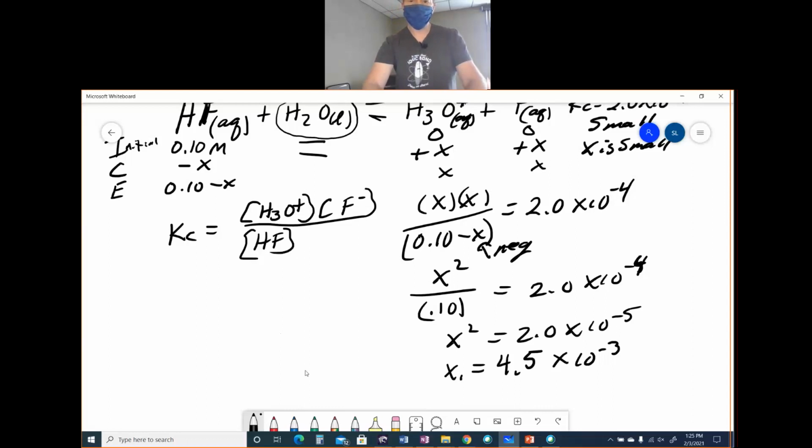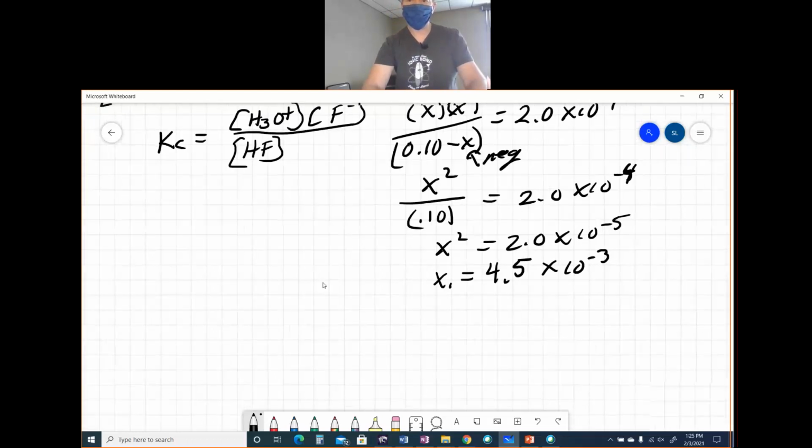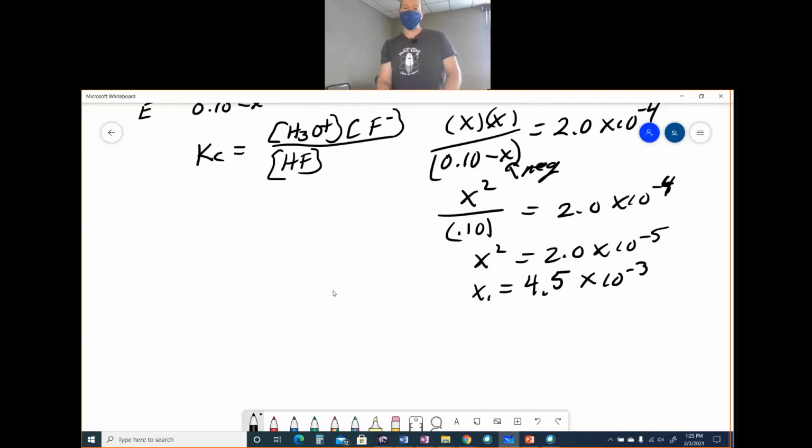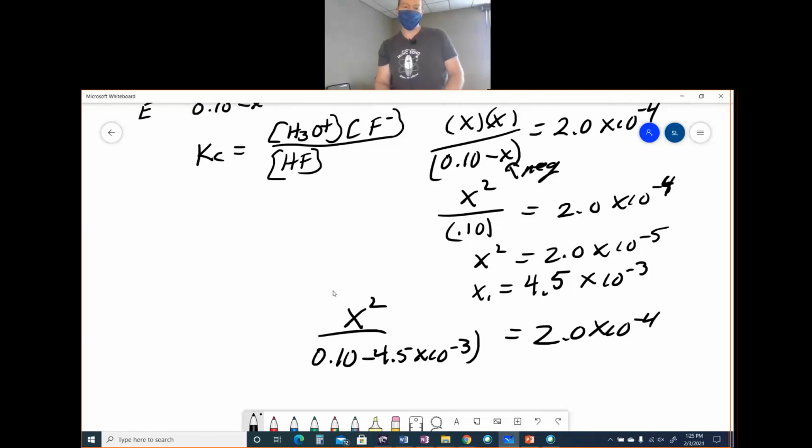All right, so I'm going to plug that in where it was neglected to get my x2. And so I have x squared over 0.10 minus 4.5 times 10 to the minus 3 is equal to 2.0 times 10 to the minus 4. And so I get that answer. All right, so when you do that, you get 0.09955.